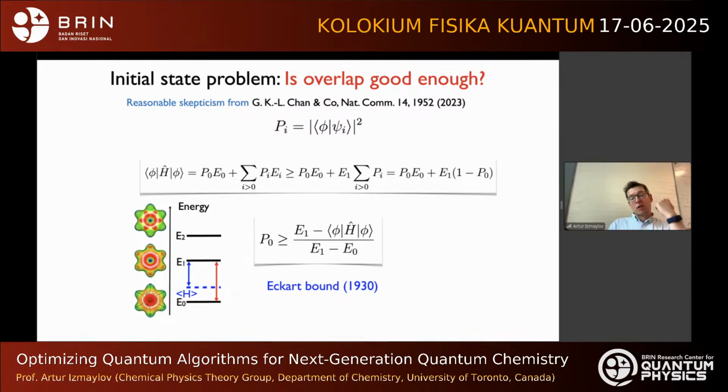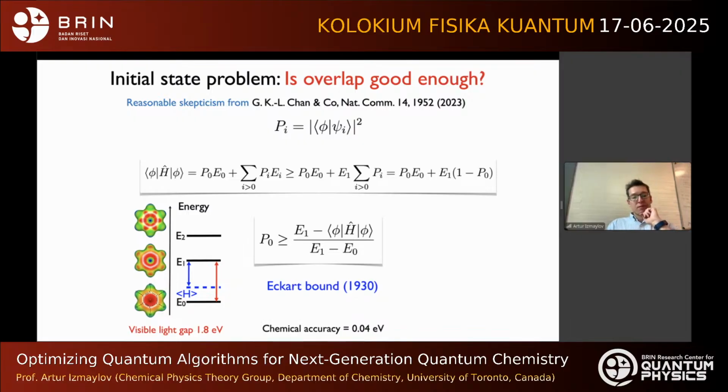Okay, so the simple truth is that if the expectation value of energy for the approximate state is at least in the lower half of the gap, then you're good, because if you are looking for the ground state, then P0 will be more than 50% in this case. And if you look at the usual energy accuracy that people want from calculations, it's chemical accuracy, which is 0.04 electron volt.